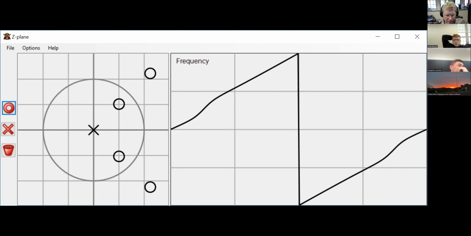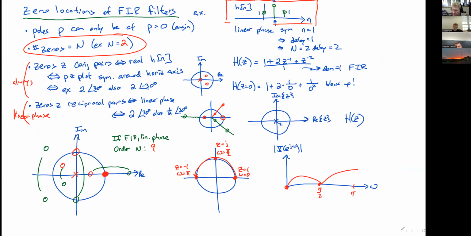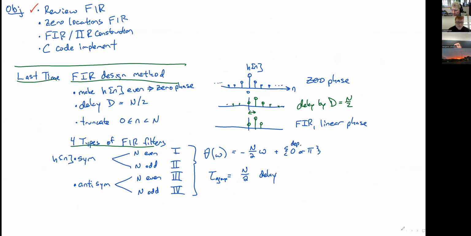Let's go back to our whiteboard for a second. So here's our whiteboard. Remember how we made this? We made the linear phase filter to begin with. We took a zero phase filter that was symmetric. We delayed it, and then we truncated it. And you can see that this is our second order filter, and it's been delayed by 1.